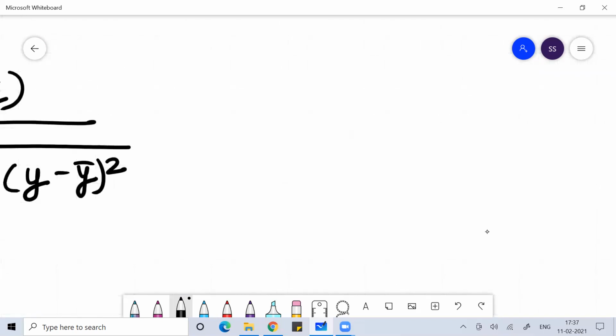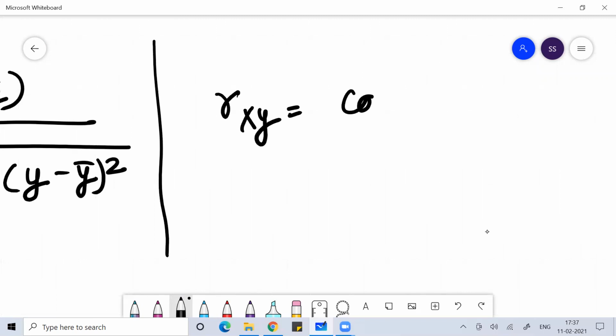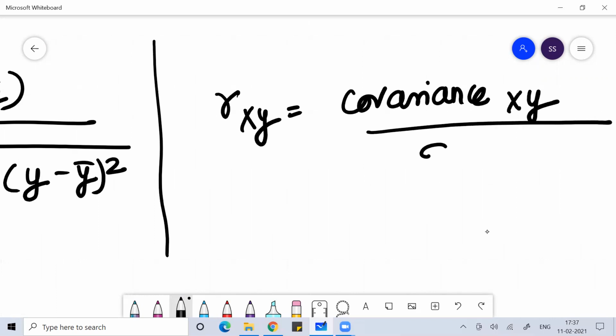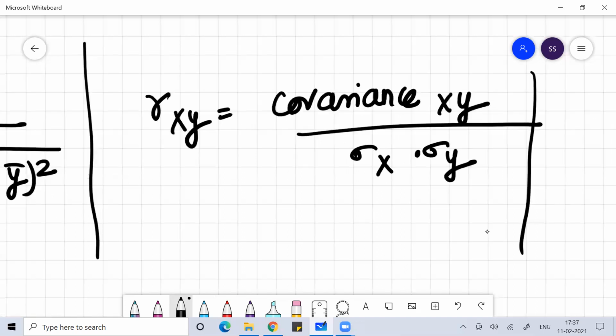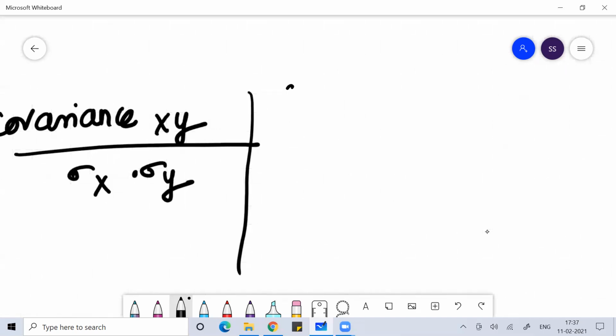Now you know the relation that r of xy is covariance between x and y divided by standard deviation of x into standard deviation of y. I think from the beginning of the class I'm talking about this relation. Now, there's a formula of covariance, which I told you.